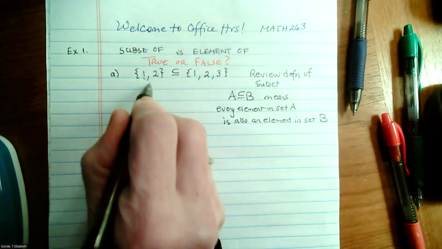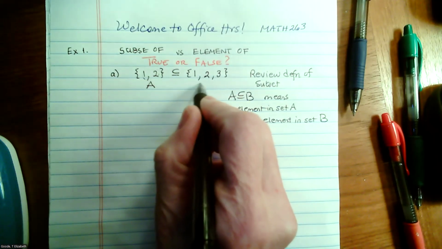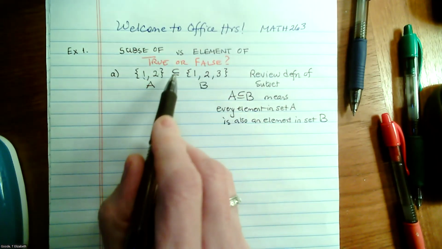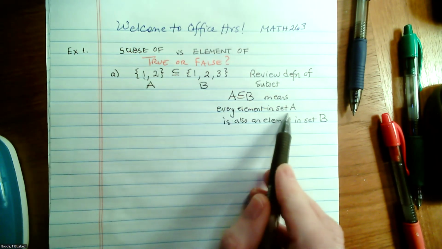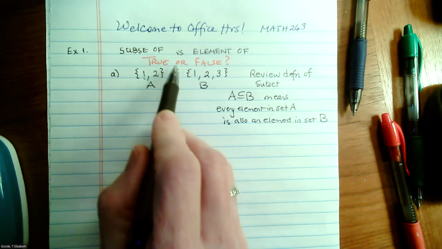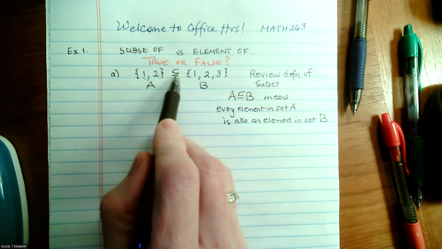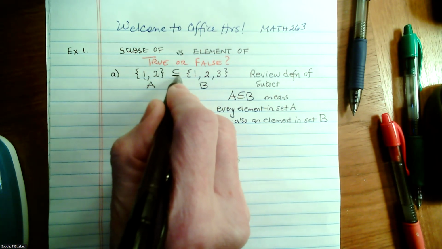Okay? So this can be our A, and this can be our set B. And we're asking, is A a subset of B? Well, we have to check that every element over here in A, because in some sense, this is like a soft less than or equal to symbol. You know how the less than or equal to symbol's pointy?